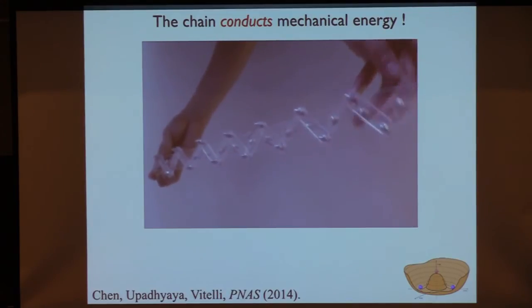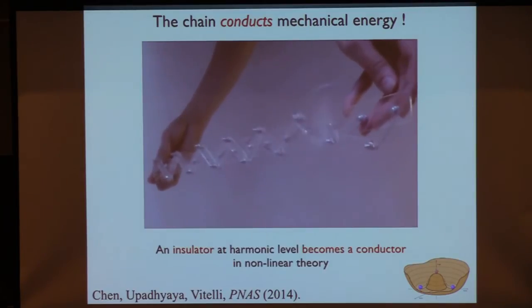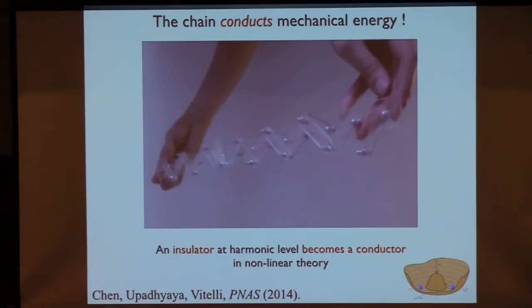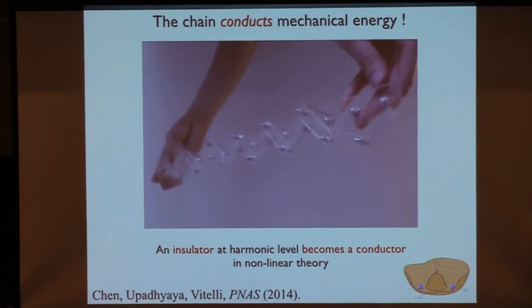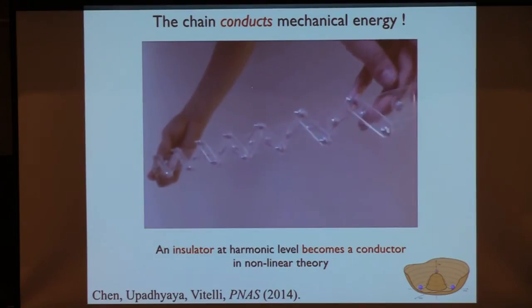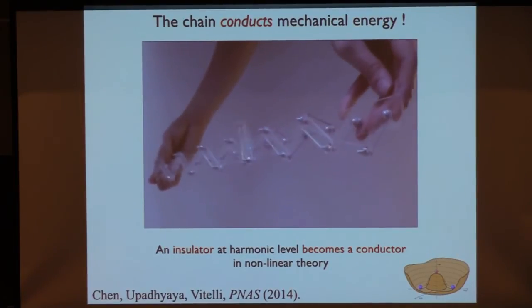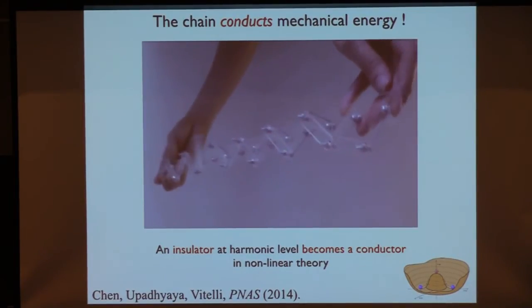So let's take a look at it more carefully. It seems that within nonlinear theory, or rather what happens whenever you excite this mode, something that looked like an insulator with exponentially localized states at the edge is becoming a conductor via nonlinear objects, which are presumably solitons.